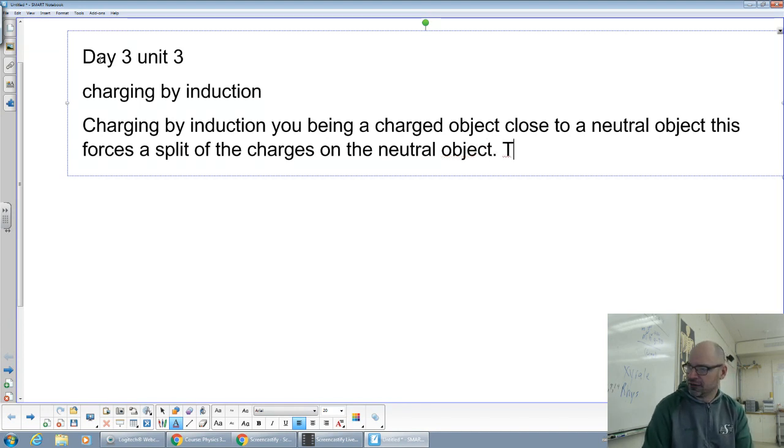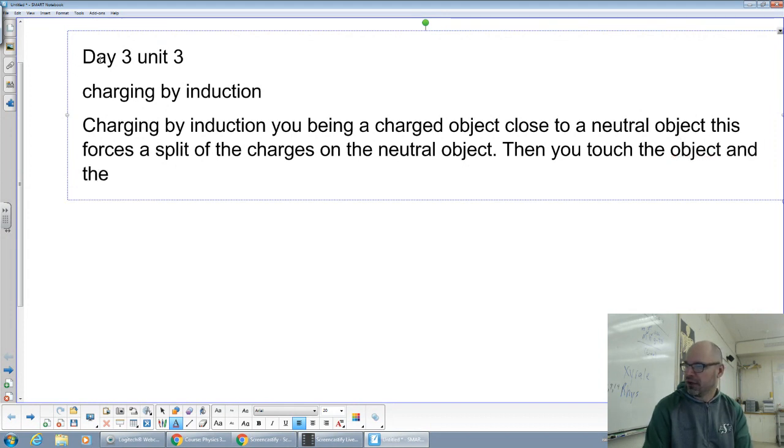Good. Then you touch the object, which is called grounding. If it's charged, if it's not charged, you're just going to put charges on it. Then you touch the object, and the neutral object will lose or gain some charges, depending on what happens.